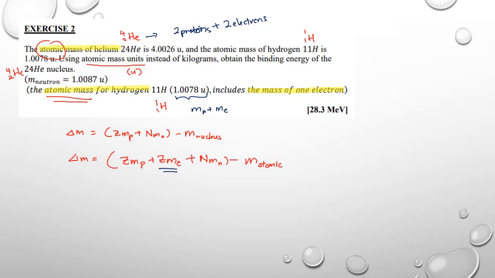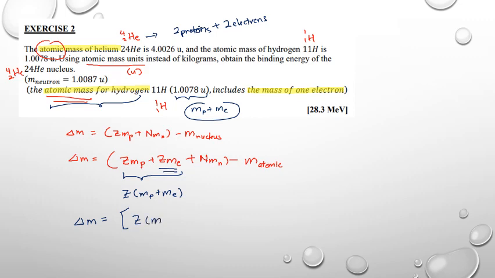Well, ZMP plus ZME. If you factorize the Z out, you will get Z(MP plus ME). Doesn't it look familiar to you? Well, it is, because that is the atomic mass for hydrogen, MP plus ME. So this equation can be written as delta M equals Z M for hydrogen.